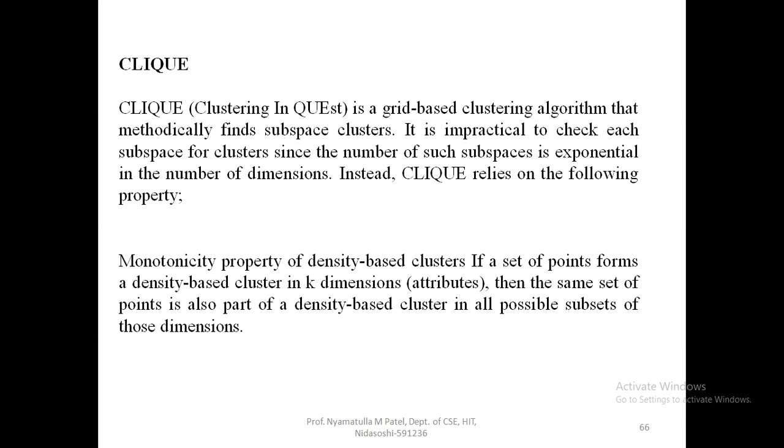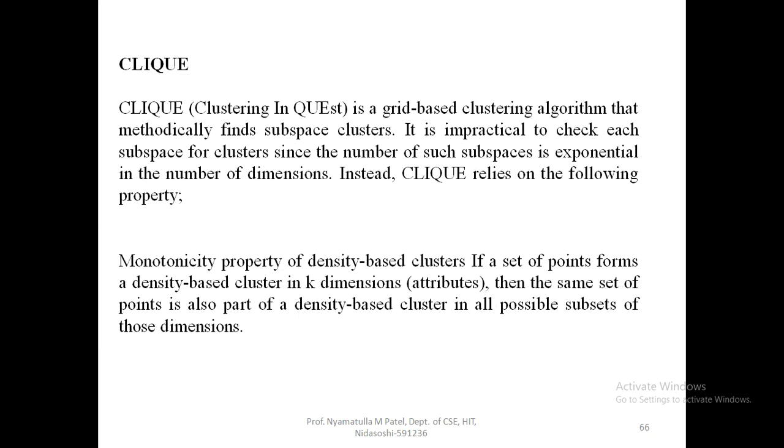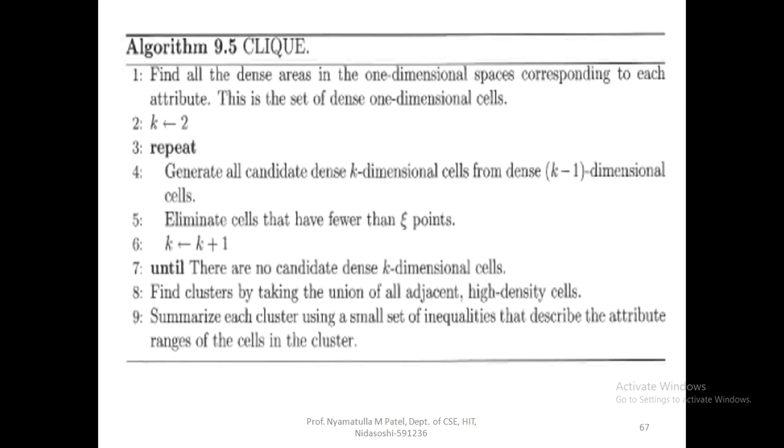If a set of points forms a density based cluster in k dimensions, meaning different attributes of a particular object, then the same set of points is also part of a density based cluster in all possible subsets of those dimensions. That is the monotonicity property of the density based cluster. So what does this algorithm say?